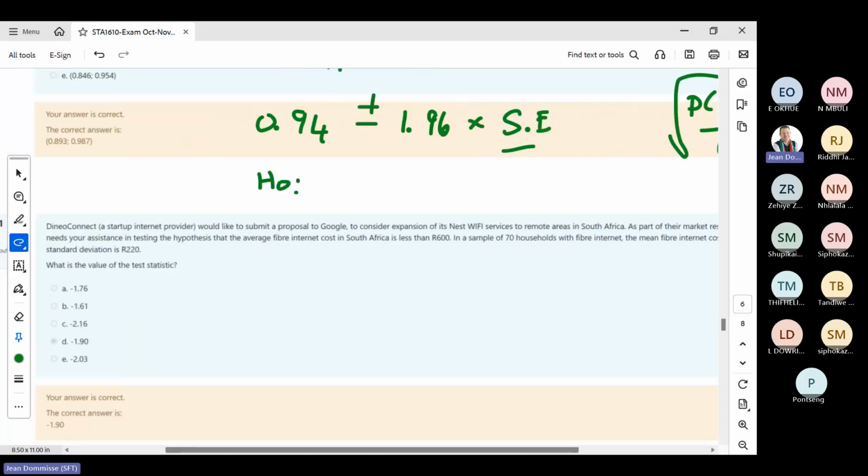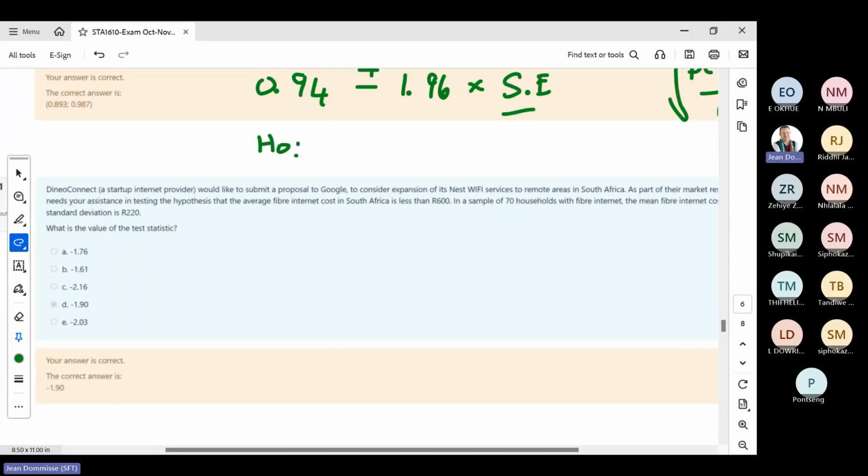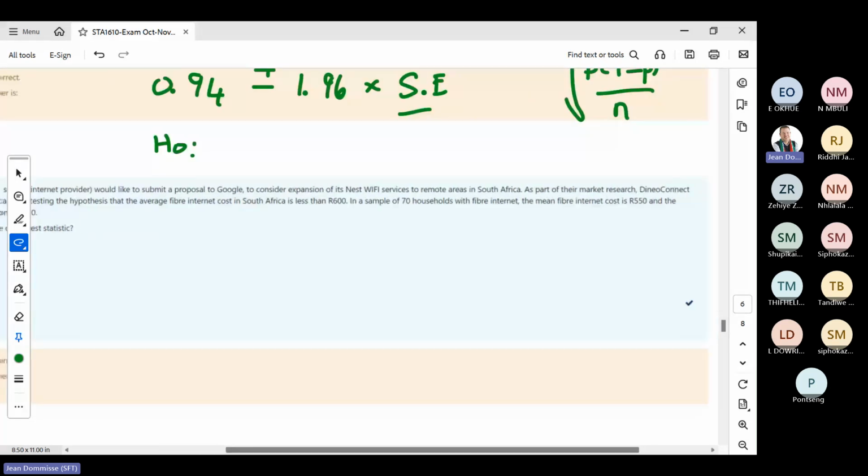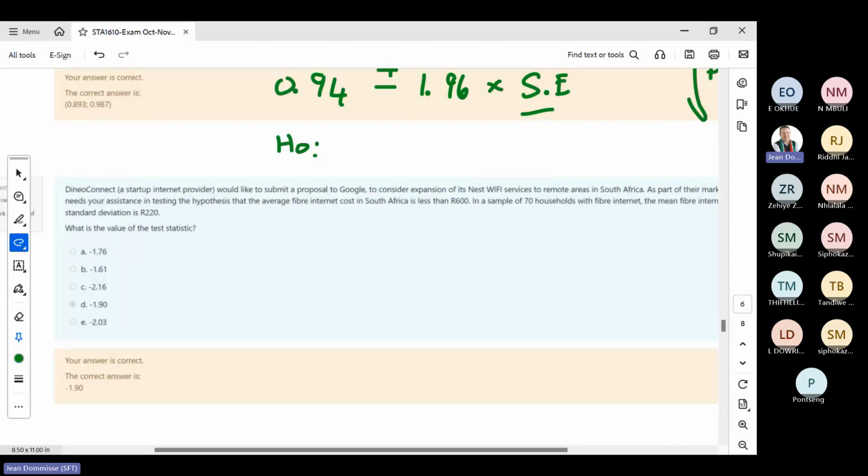Cool. And okay, Deneo Connect, a startup, would like to submit a proposal to Google considering expansion. As part of their market research, Deneo Connect needs your assistance in testing the hypothesis that the average fiber internet cost in South Africa is less than 600.